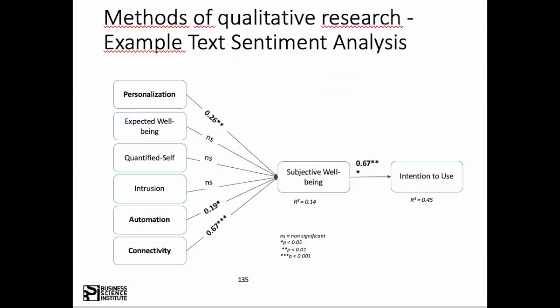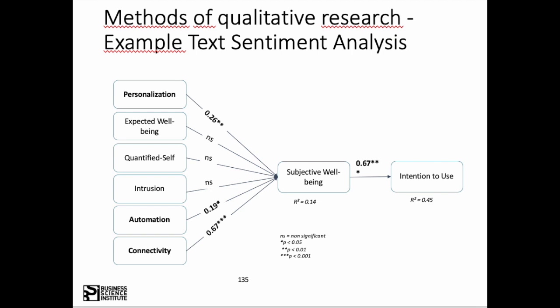And then in the next step, we combined the qualitative approach with sentiment analysis with a quantitative approach, because we measured the impact of the topics we generated by the text analysis on a questionnaire with items and measurement scales about subjective well-being, and subsequently the impact of subjective well-being on intention to use, where we used the measurement scale of Davis for the technology acceptance model.